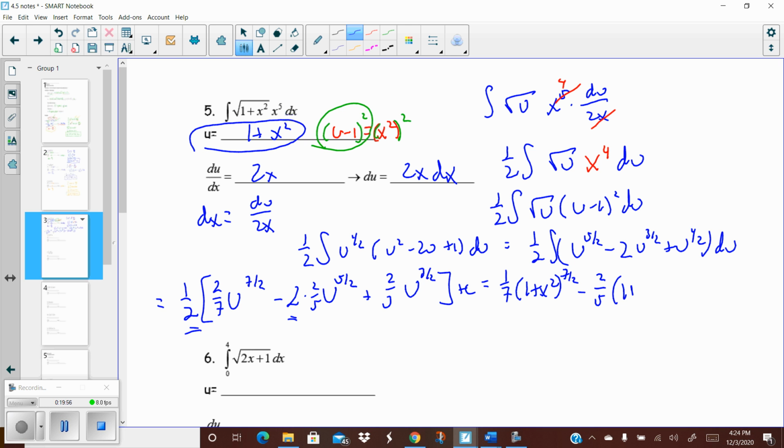Again, replace the u with 1 plus x squared to the 5/2 power. Distributing the 1/2 to the 2/3 will give me 1/3. Replace the u with 1 plus x squared to the 3/2 power. And don't forget plus c.